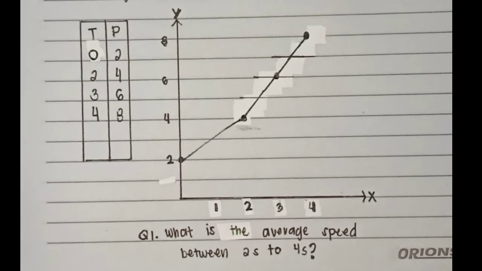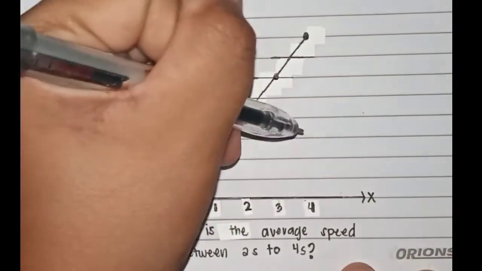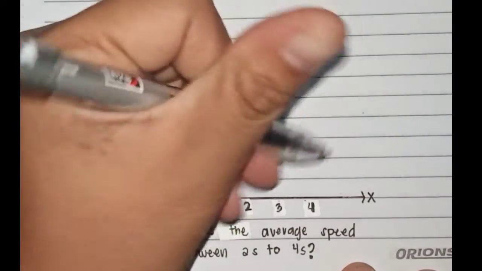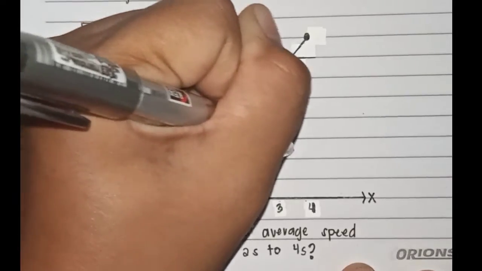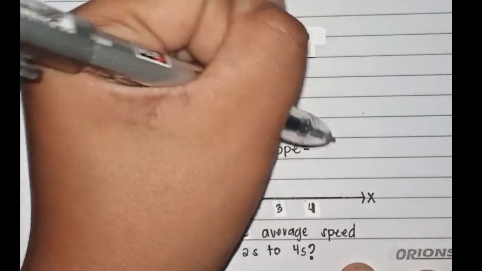Let's answer the question: what is the average speed between 2 seconds to 4 seconds? Slope is equal to average speed. But how can we find the average speed?